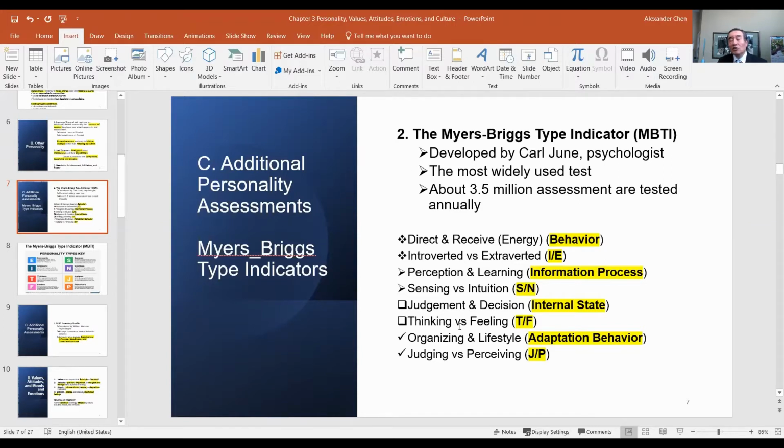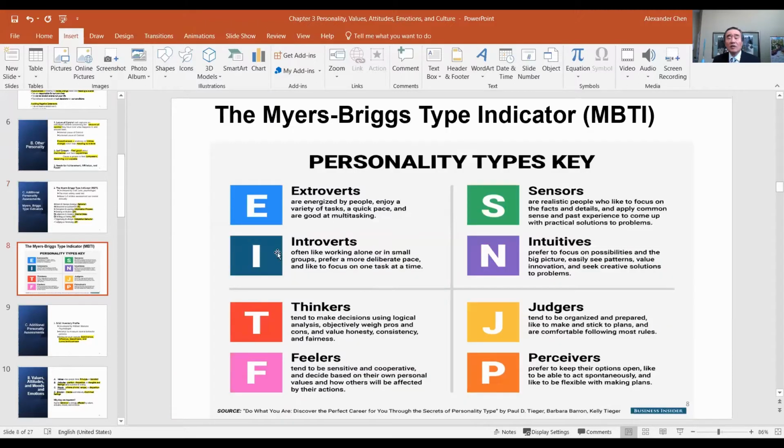You make decisions by critical thinking or by your gut feeling. The last one is how you organize things: do you like judging or perceiving? So we stopped here last time, and of course, I told you we have these 16 different types. Everyone has a unique one, and you have to do an assignment after the test next Monday.